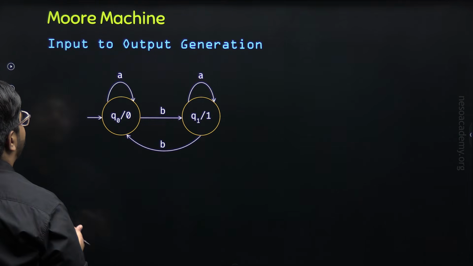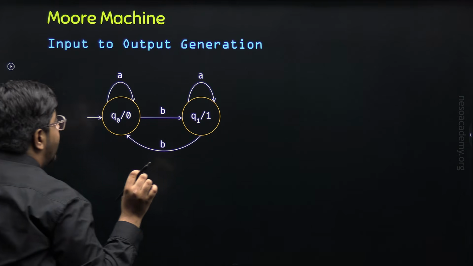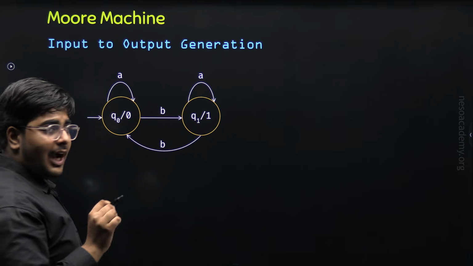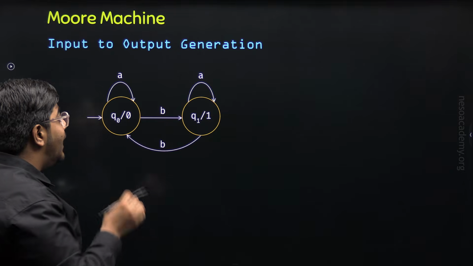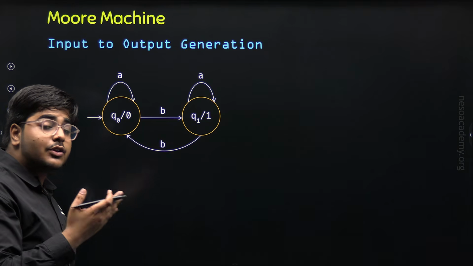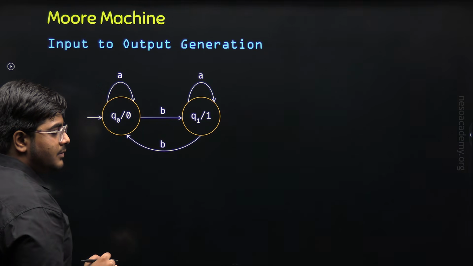Now let's proceed further. Input to output generation. In this subtopic, we will understand how to translate or transduce an input string into its corresponding output sequence in case of Moore machines.